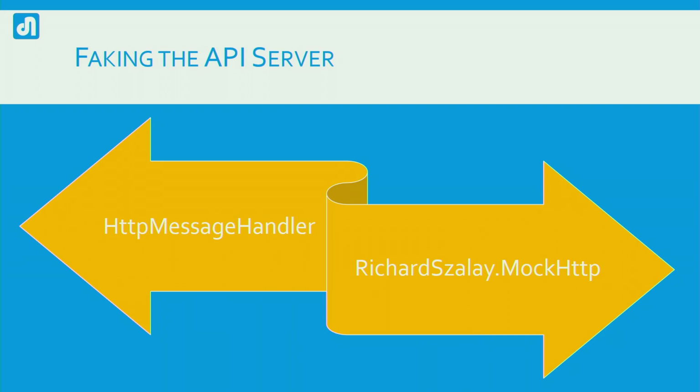But because we can supply a custom implementation of it, I use this library, MockHttp, and it's a really slick library. It is a custom HTTP message handler implementation, and it allows you to process those incoming requests and give back a known response.